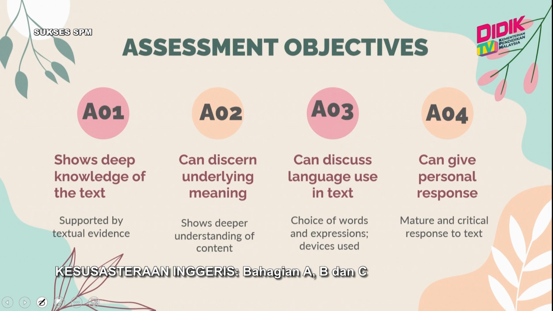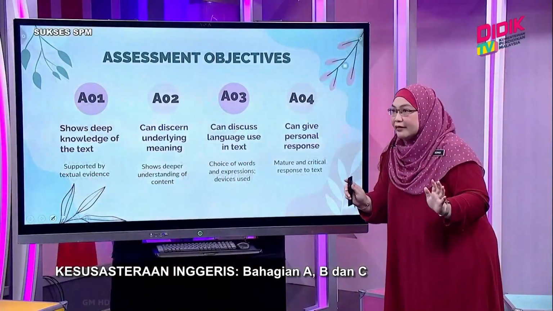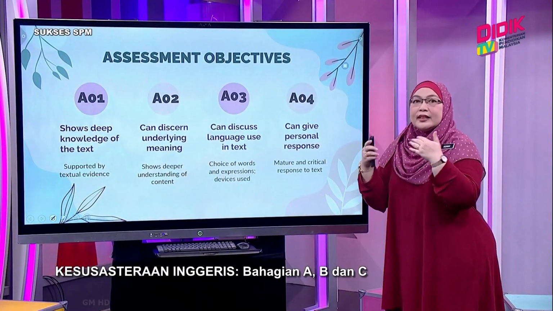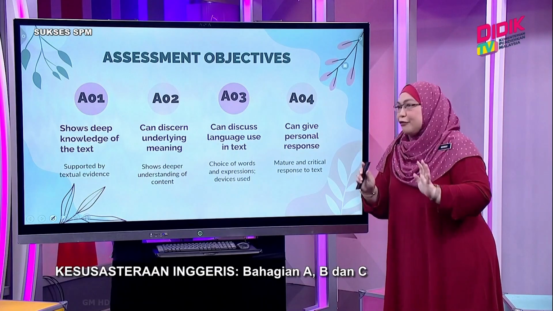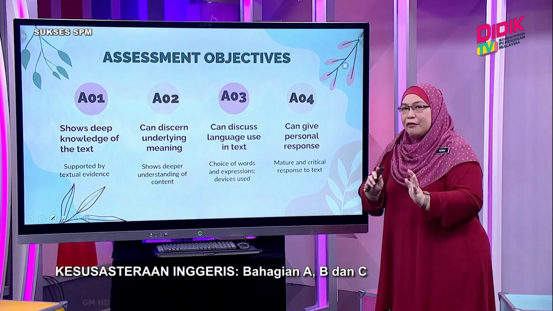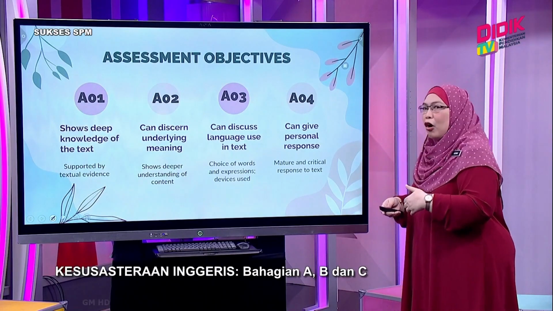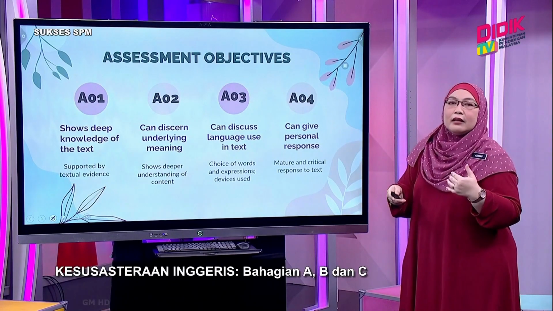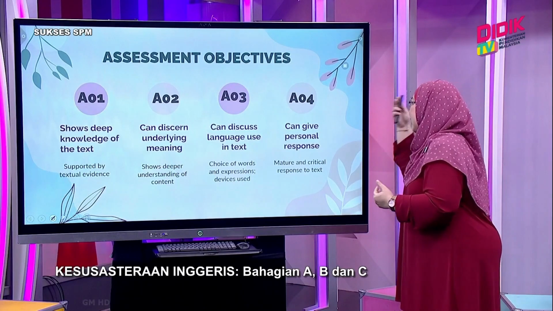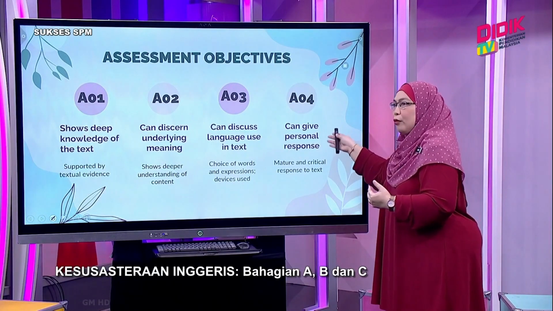You can't read through a text and be unmoved by it. You can't read through a text and say, okay, done. I've read it, the story's over, I've answered the question, that's it from me. All right? If any response is to be considered comprehensive and complete, it is one that actually also has AO4.